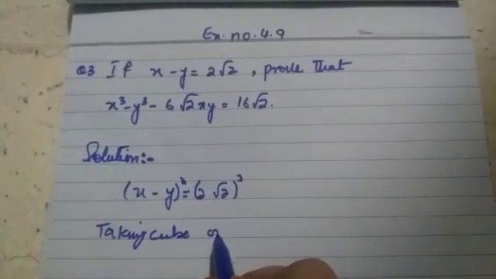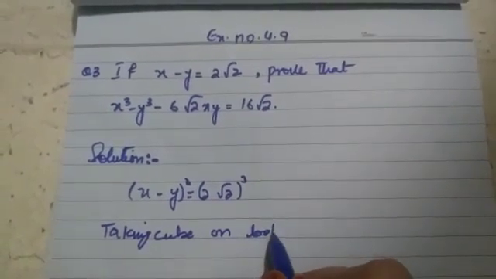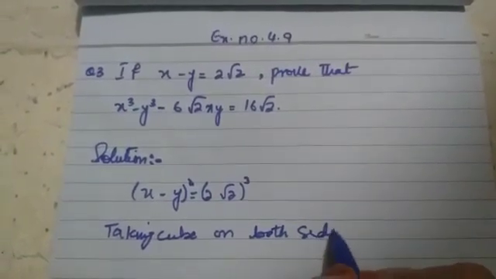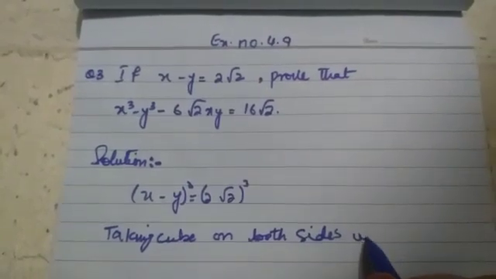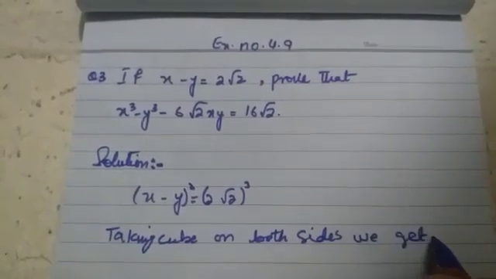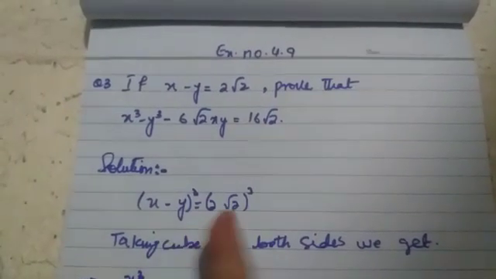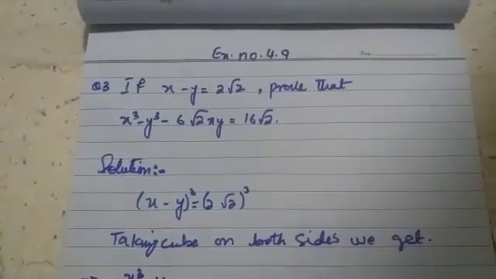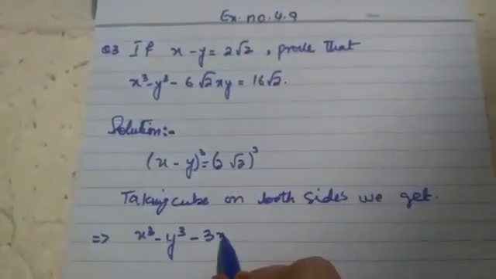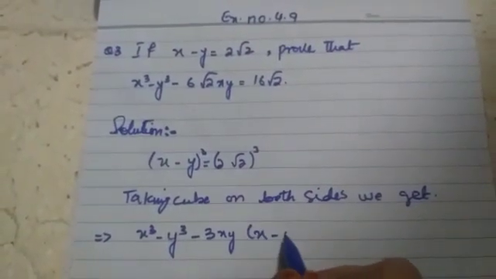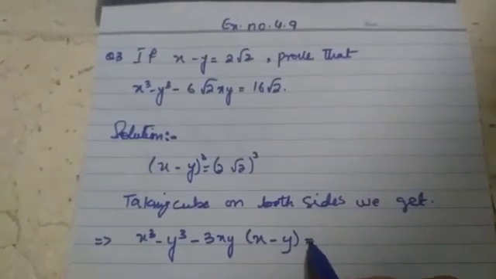X minus y whole cube expands into x cube minus y cube minus 3xy, x minus y is equal.